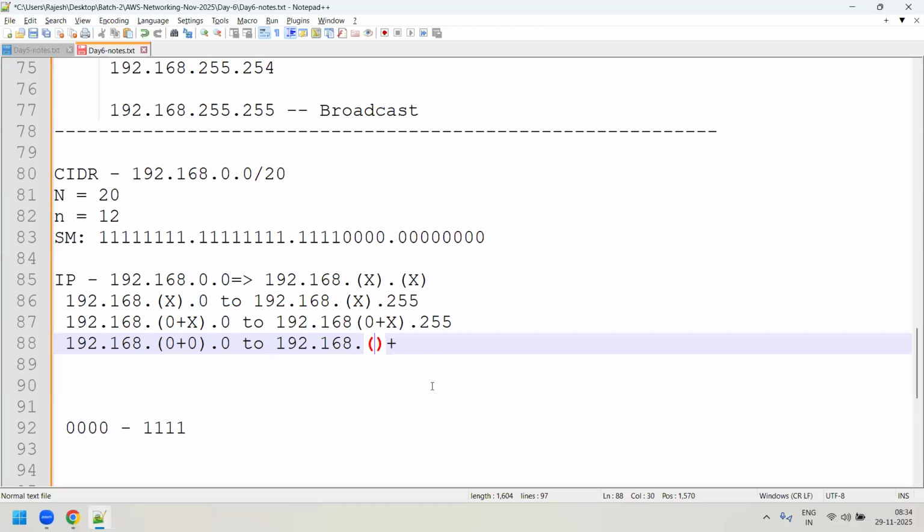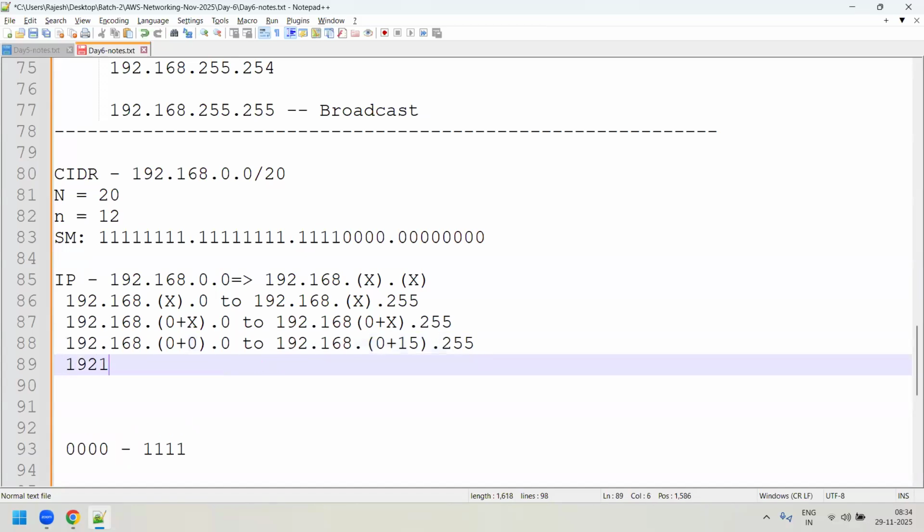So it will be like this: 0 plus 15, dot 255. So it means the range is 192.168.0.0 to 192.168.15.255. This would be the range actually. Rajesh, it is 4 ones after the zeros that you have to put now.